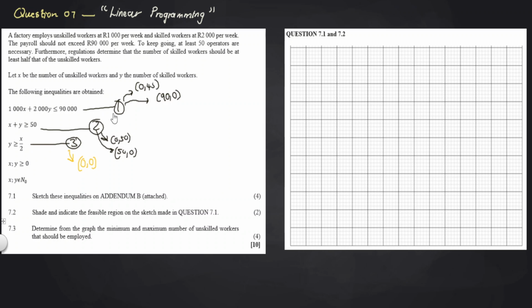This is a grid for plotting our inequalities. Let's use a scale of 10.